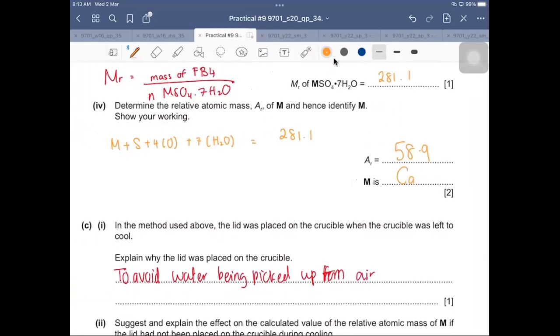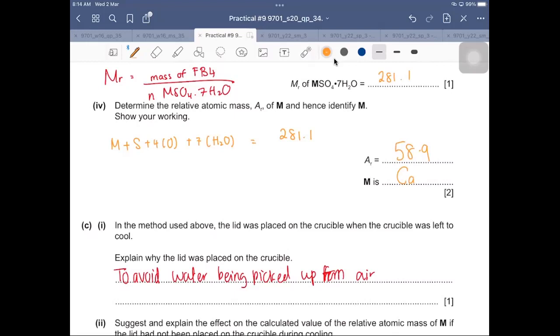So if your AR is not a nice number, that means there's either something wrong with your calculation or there's something wrong with your practical. Maybe when you measured the mass, something happened, or when you were transferring or during cooling, you dropped some of the solid. Many things can happen.